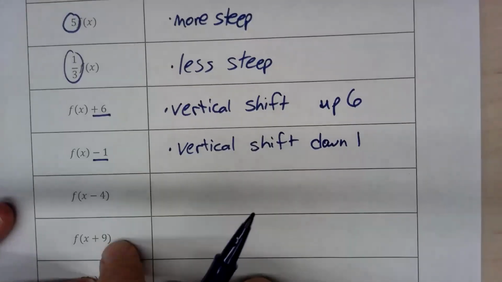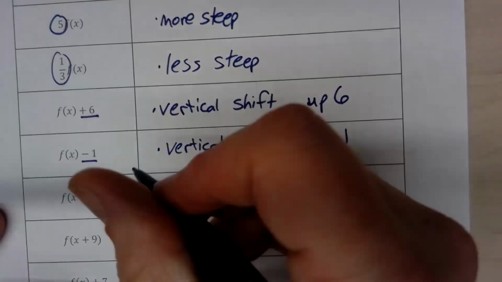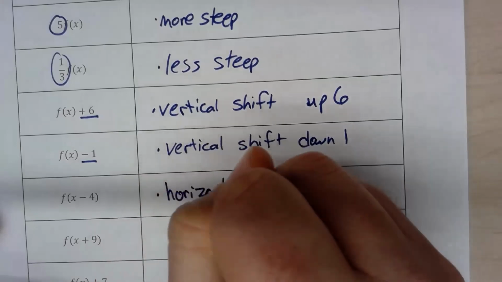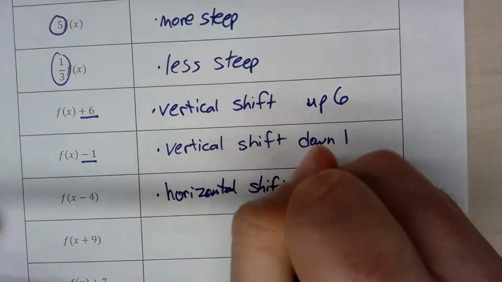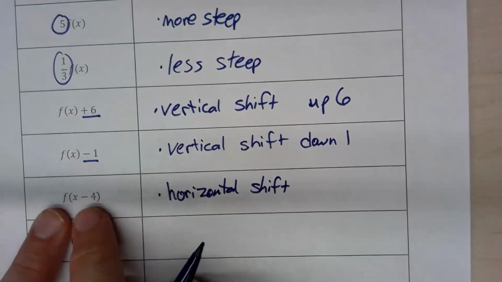Right? The ones inside the parentheses, I remember like when we did point slope form, remember our number is always the opposite of what it looks like. It's another way I can help remember that. Oh yeah, it's always the opposite. So this is going to be a horizontal shift. Remember, in my head, negatives are to the left. The inside's lying to me.